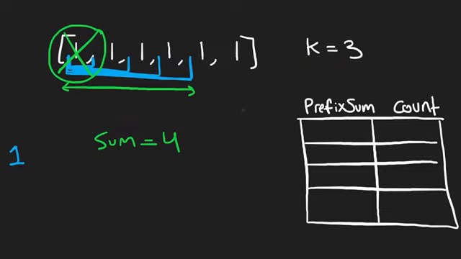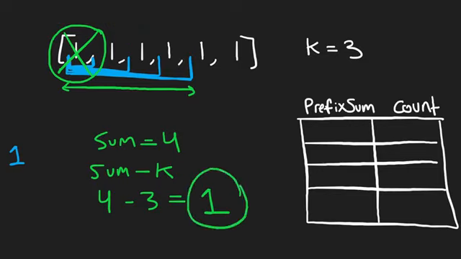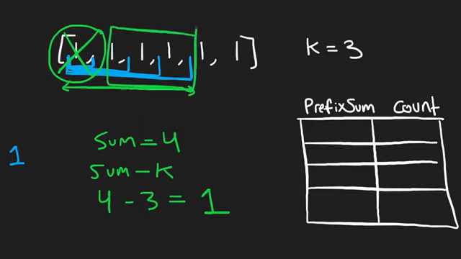The answer is yes, because we can calculate it. Our sum is 4, so let's get sum minus k, which is 4 minus 3, which is 1. So we know that so far the entire sum is 4. If we can chop off a prefix of 1, we will still have a contiguous subarray that will exactly match k.